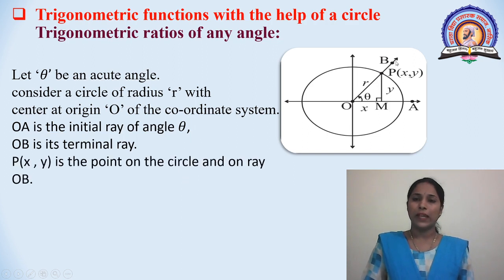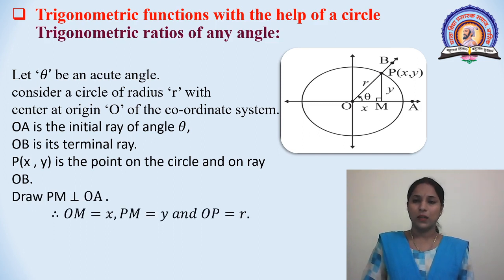Here P(x, y) is a point on the circle and on ray OB, that is, the coordinates of P are (x, y). Draw PM perpendicular to OA. We get OM equal to x, PM equal to y, and OP equal to r. Here the length of OP is equal to r.